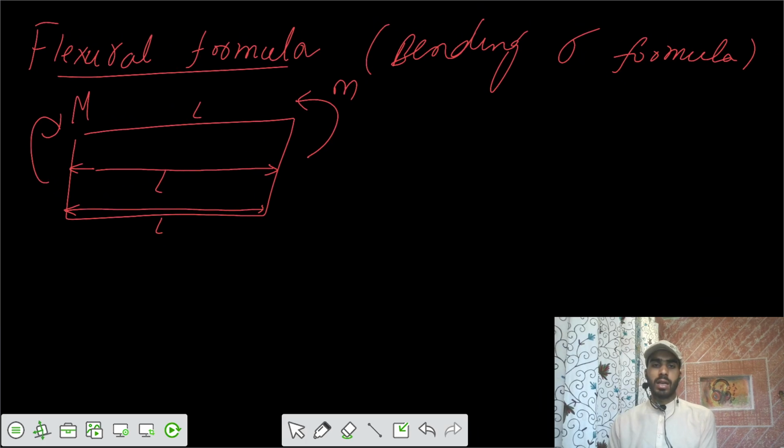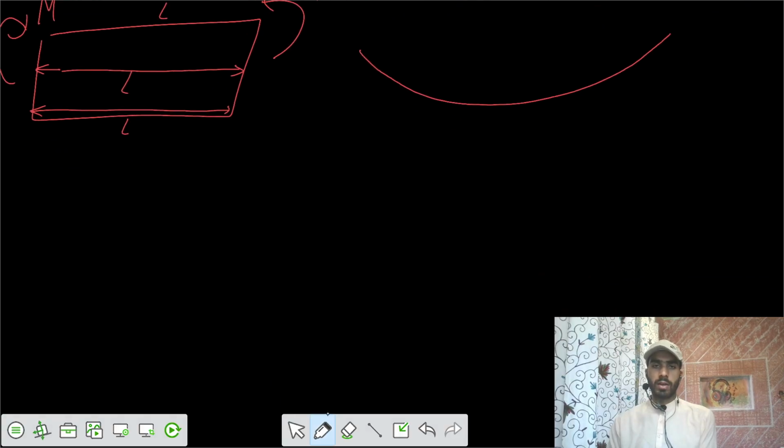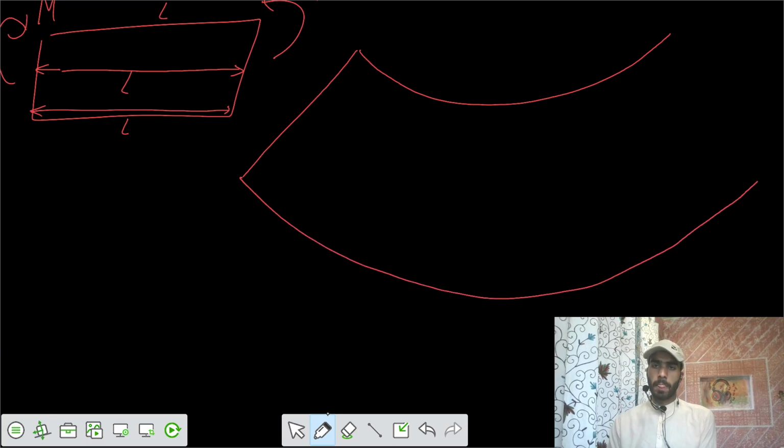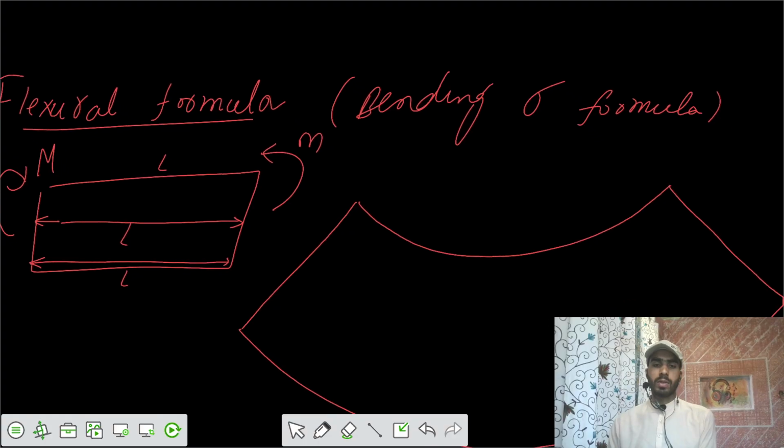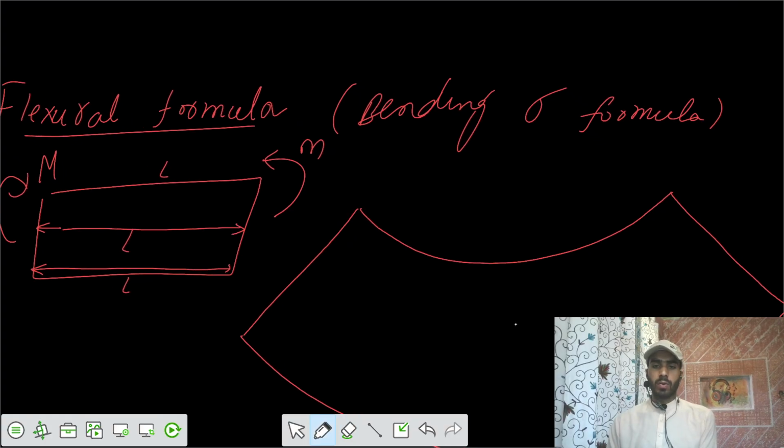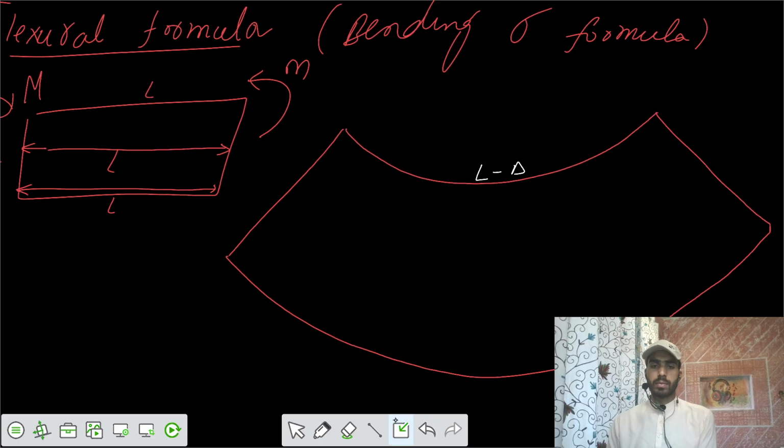The top fibers got compressed and the bottom fibers elongate. This is the curvature that has developed. Let's say here the length is L minus delta 1, and here the length is L plus delta 2.